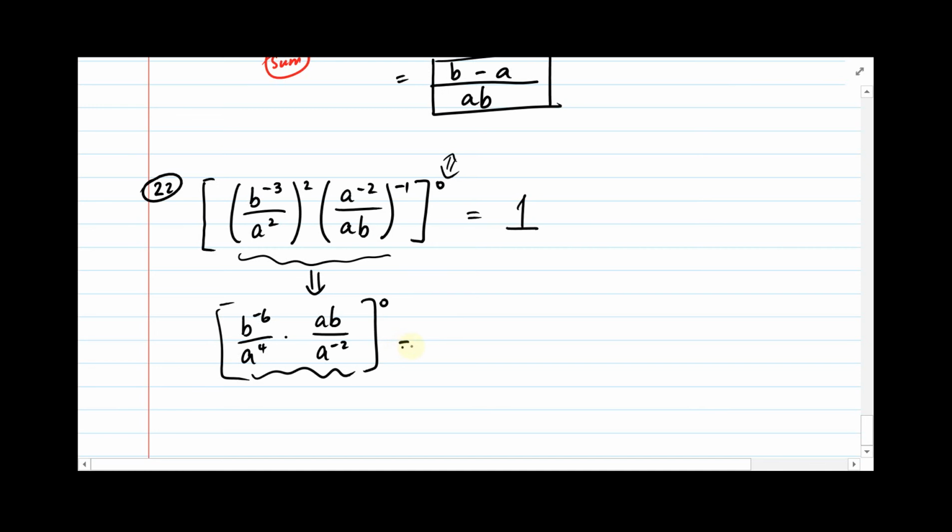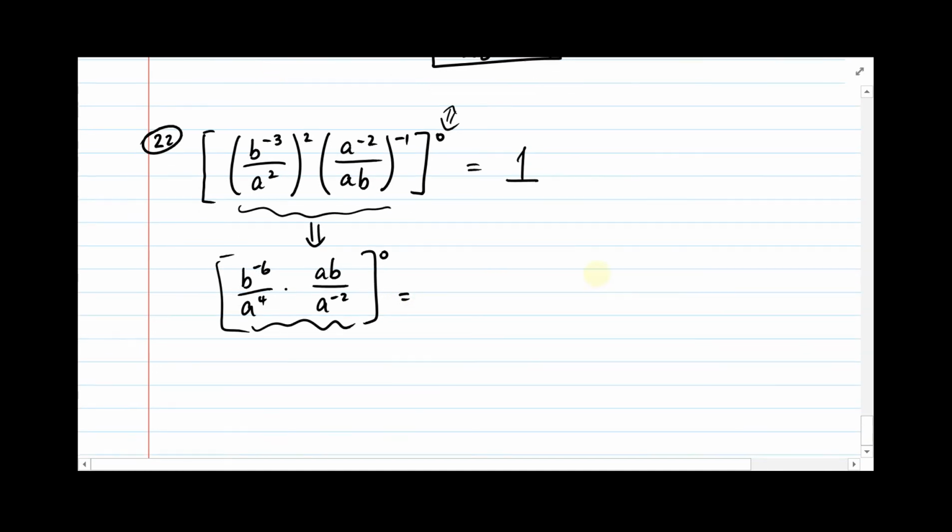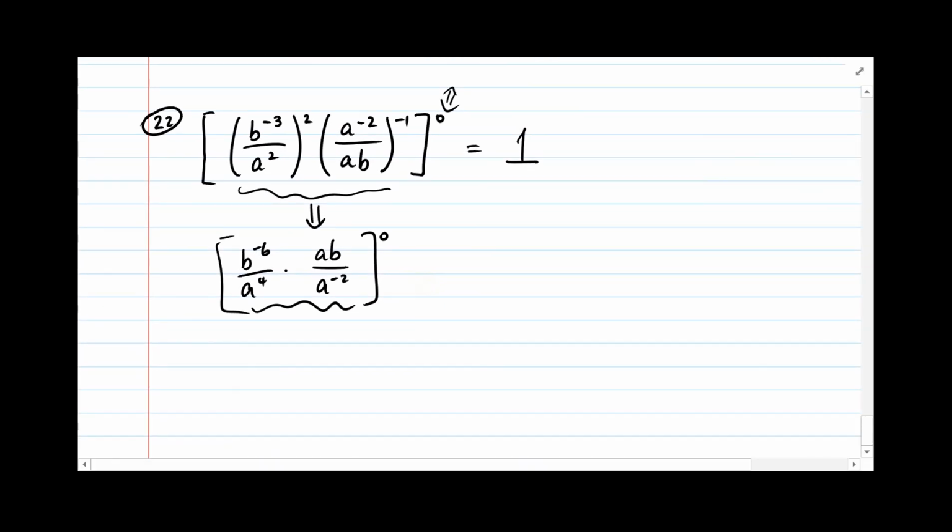Still working inside the bracket. Why am I doing this? I don't know. Somebody asked. And so you'd have b to the minus 6 plus 1, a to the 1st minus 4 minus 2, all to the 0. So yes, if I wanted to simplify inside, maybe that's your goal.